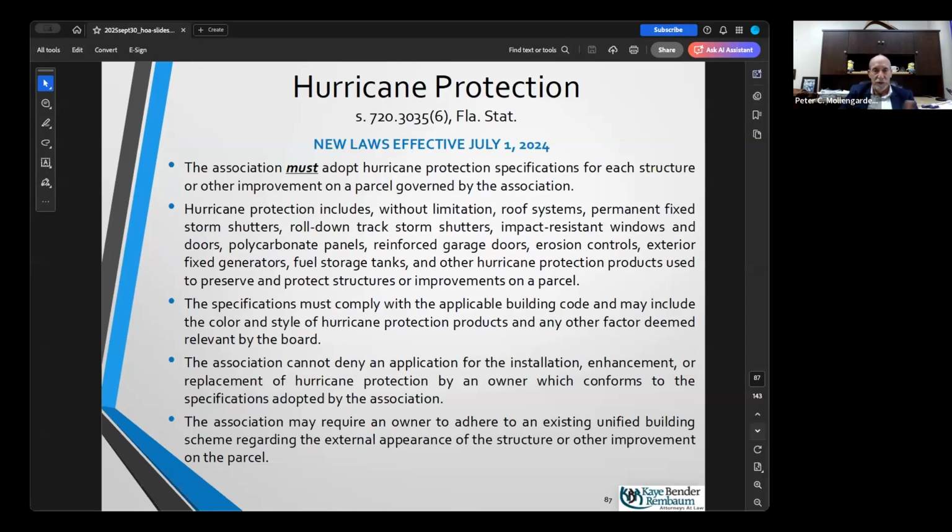And they argue, well, it's hurricane protection. You have to let me do it. I think in that context, you can insist on the barrel tile style roof. There are metal barrel tiles, so that may be okay as far as appearance, because you are allowed to still adhere to an existing unified building scheme. And to me, that would be a unified building scheme.